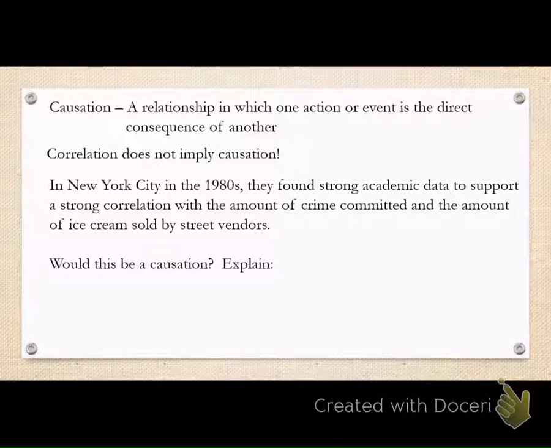So just because you have a strong correlation does not mean the two events cause each other, is what this is saying.